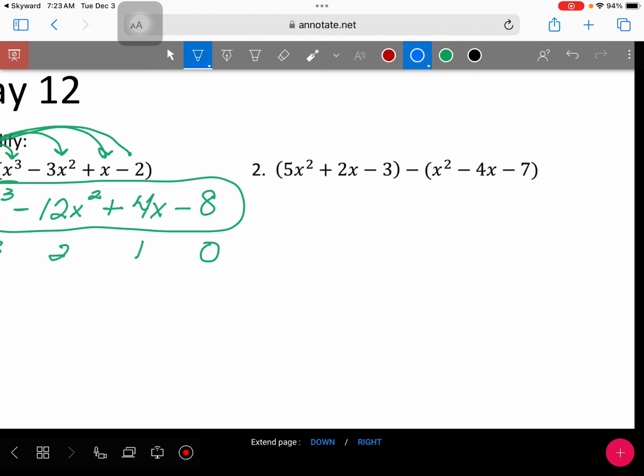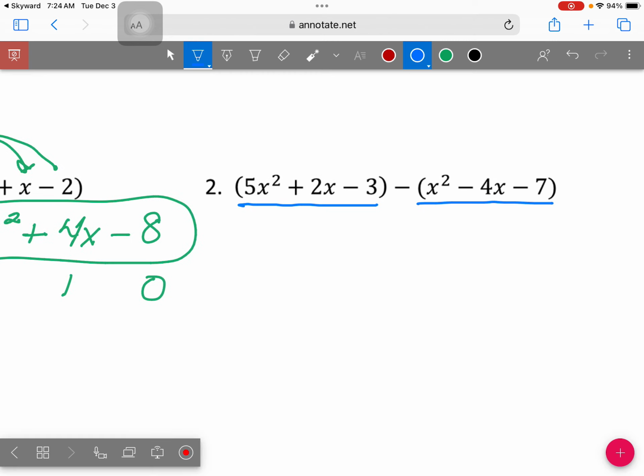I have a trinomial, which is 3 terms, minus another trinomial. We do not subtract in between those polynomials. Instead, you change that to addition, and you take the opposite of every term inside. So what is a positive x squared becomes a negative right there.